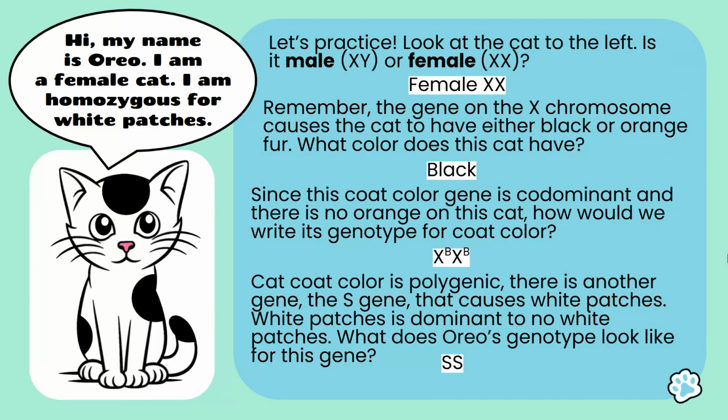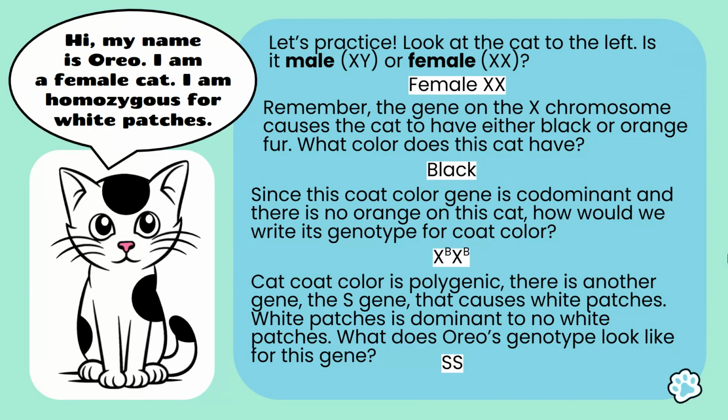So the white patches is the dominant trait. She could be big S, little s, or big S, big S. Since she tells us that she is homozygous, we know for sure that homozygous means same. So she will have two of the dominant S alleles for this gene, for the white color.